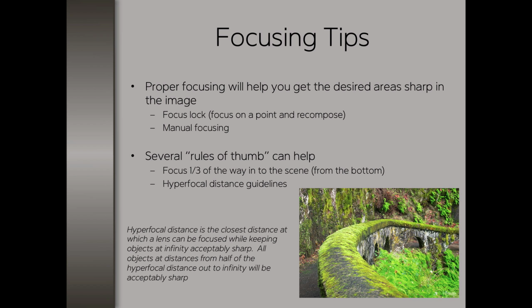So focus a third of the way into the scene from the bottom. If you look at that image that's there, this is kind of an exaggerated image. I wanted the entire top of this banister, or this walkway, to be in focus. And the distance between the nearest part of the railing and the furthest part of that railing is about 25, 30 feet.